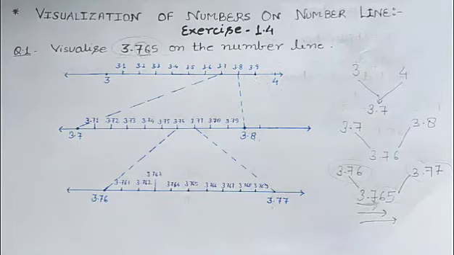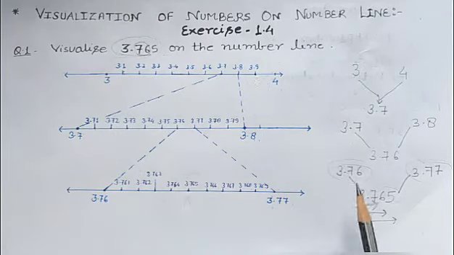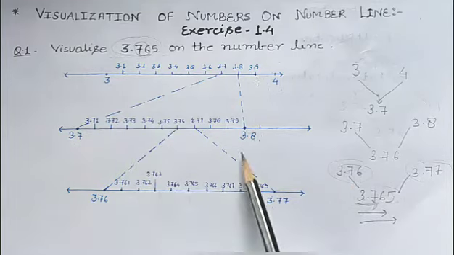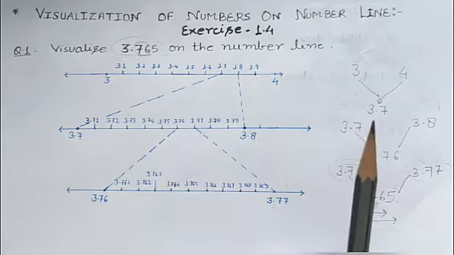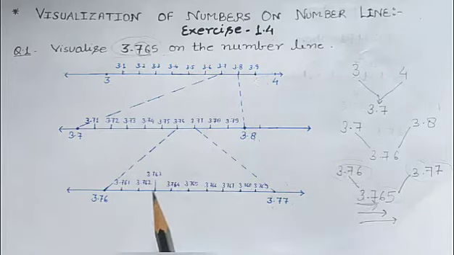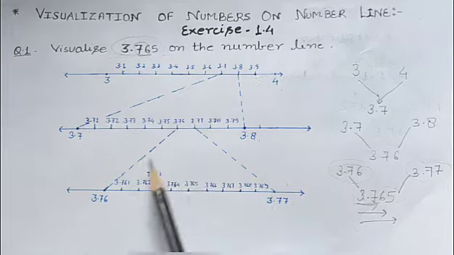Now to reach 3.765, what were our extremes? 3.76 and 3.77. So again we have taken 3.76 and 3.77. Like in mobiles you zoom the pictures to show clearly what is there, you can say that we have zoomed this figure.